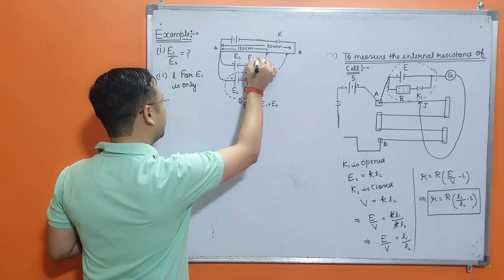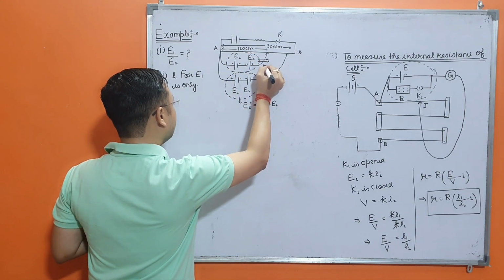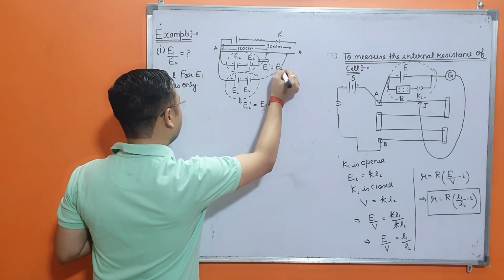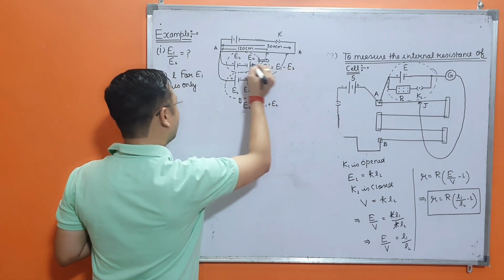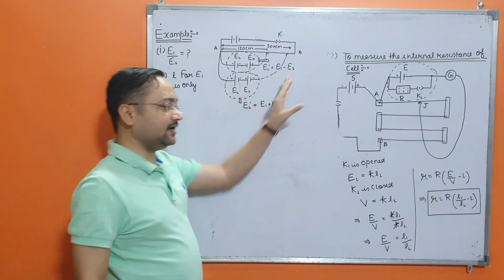And for the combination where they are connected out of order, let it be E1 dash, it will be E1 minus E2, because like polarities are in front of each other. In that case it will be E1 minus E2.